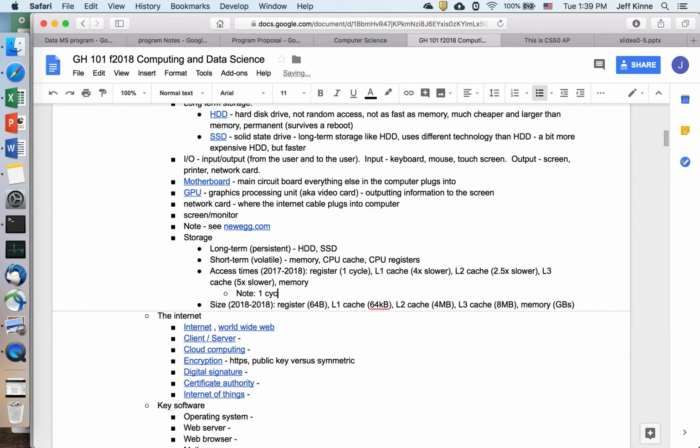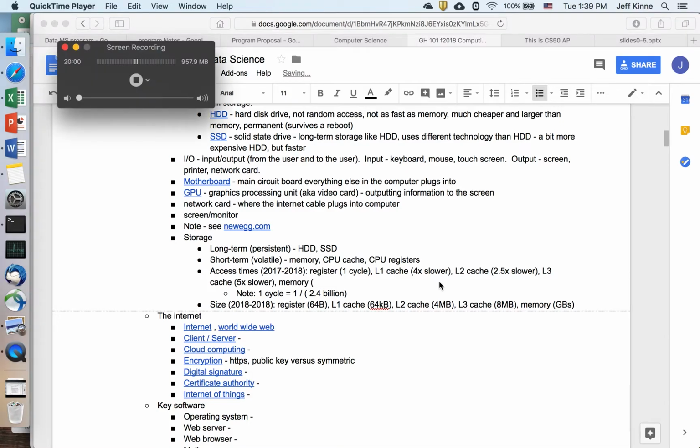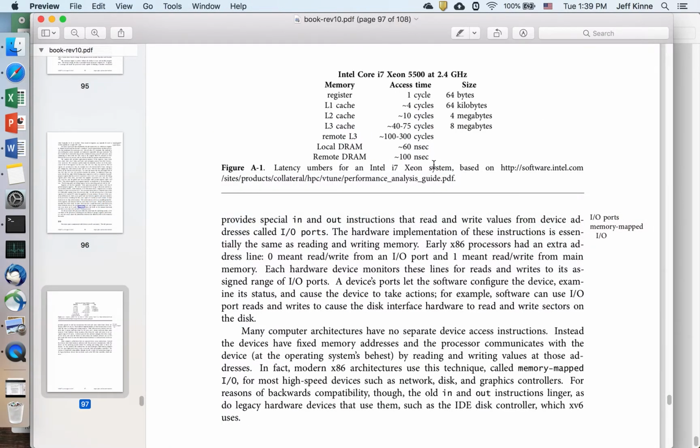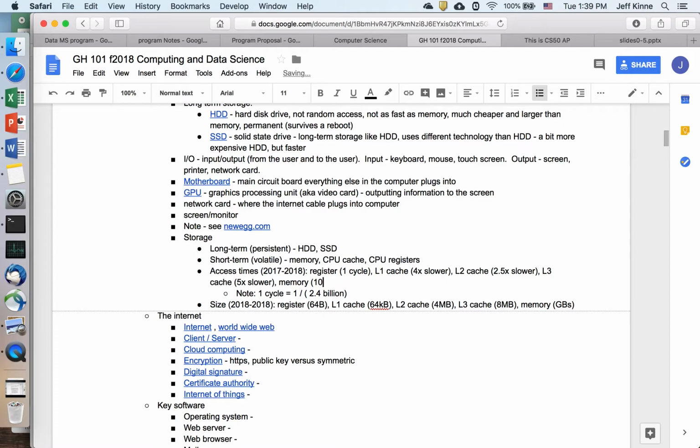Note we had 1 cycle is 1 over 2.4 billion on that CPU, and we're going to put here 100 nanoseconds. So how many cycles is this 100 nanoseconds?